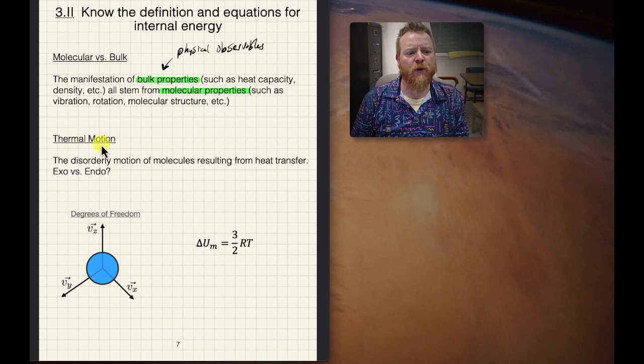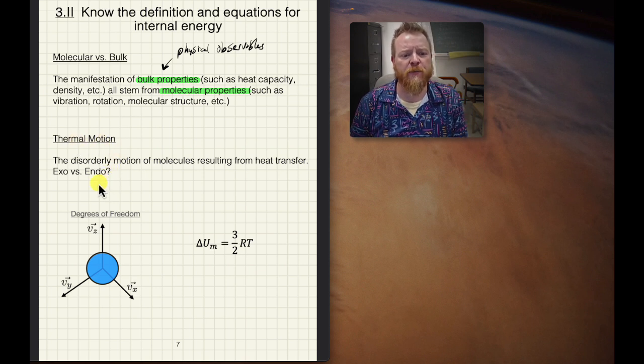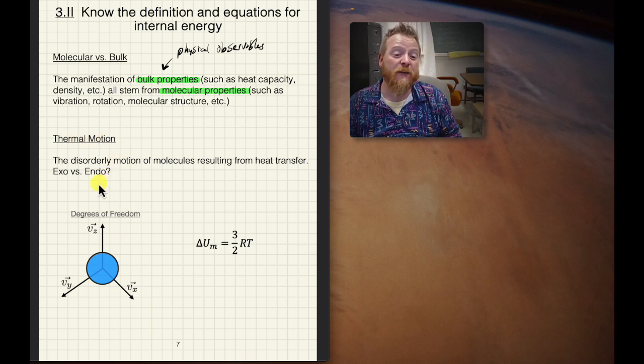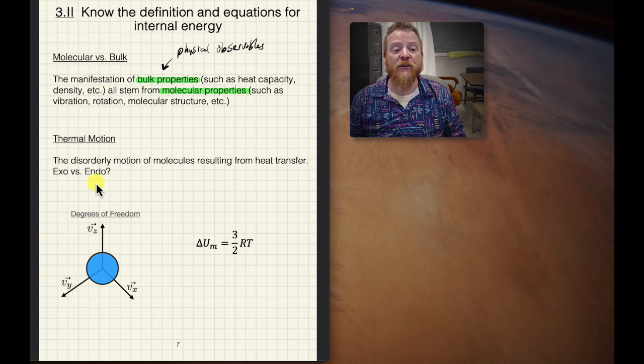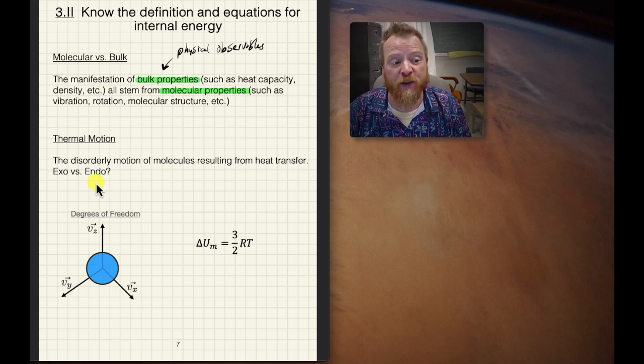So let's define thermal motion. So that's the disorderly motion of molecules specifically resulting from heat transfer. And here I put this question, exo versus endo. So recall from our discussion of STEP-MEC that energy is stored in the molecular modes.